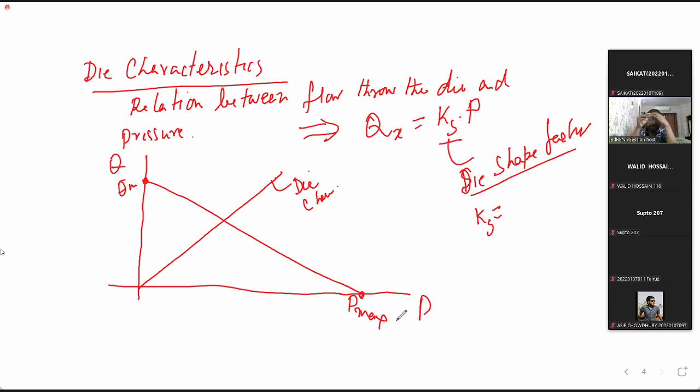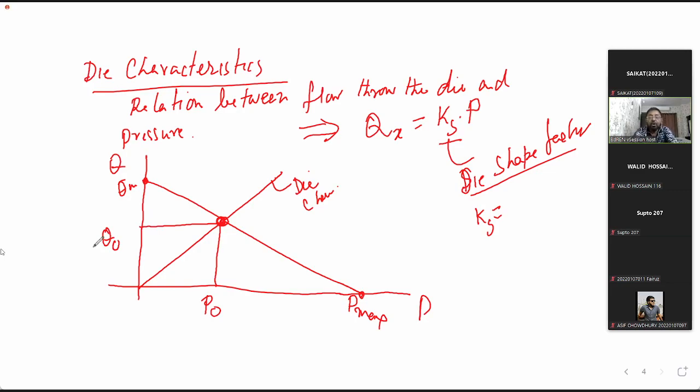The flow in the extruder must be equal to flow in the die. When these two flows are equal, that will be the operating point. In our case, this point will be the intersection point between these two characteristics. This will be known as the operating pressure. This will be known as the operating flow.